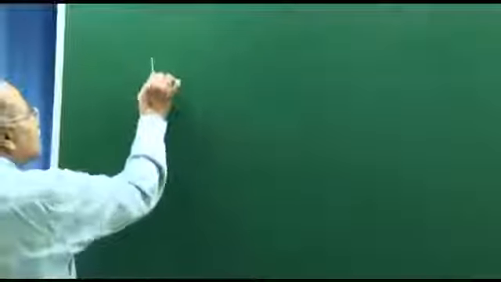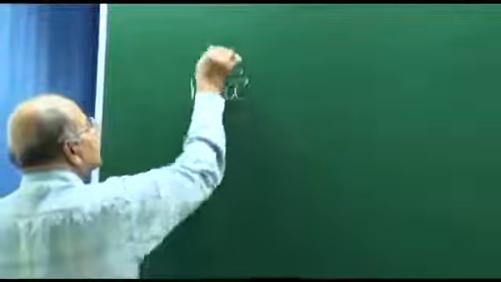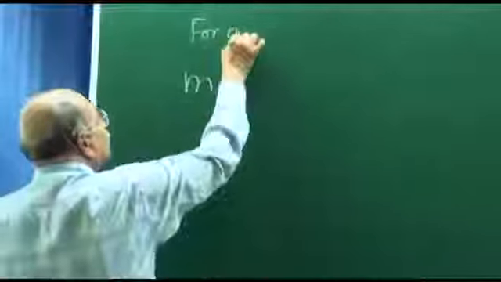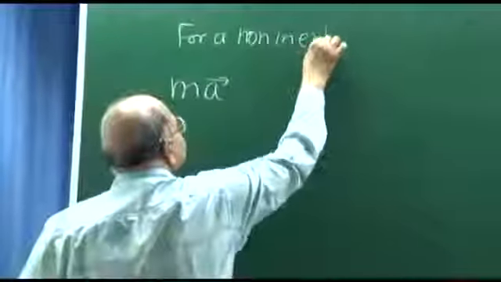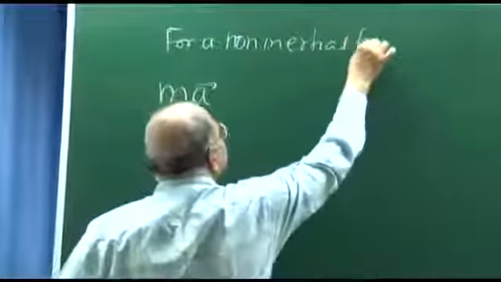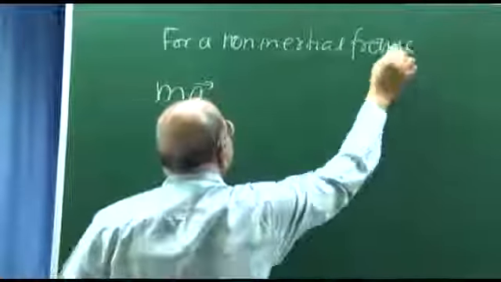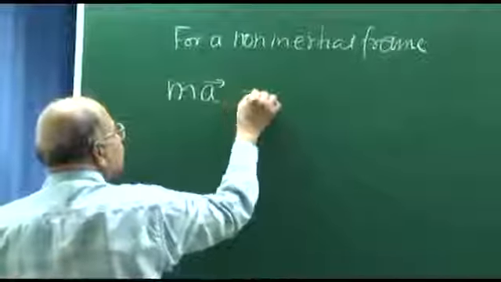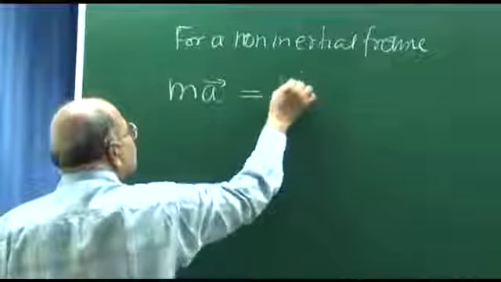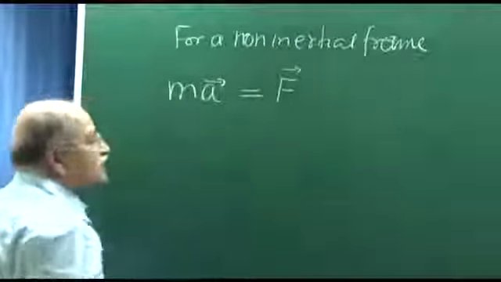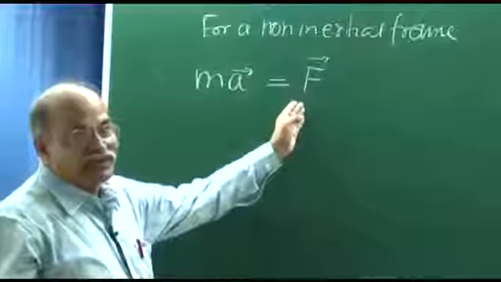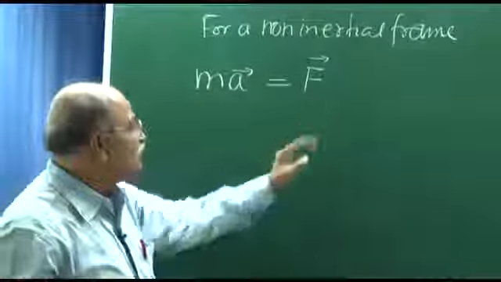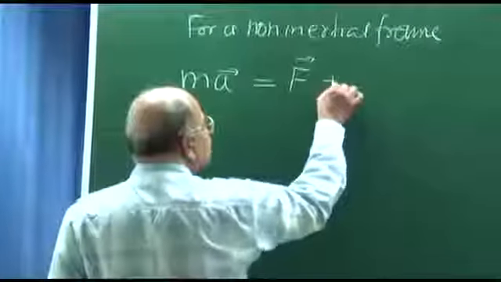So, that means if you write mass times acceleration for a non-inertial frame, mass times acceleration is not equal to the total force applied on the particle, and therefore, if it is not equal to this, you should have something else.